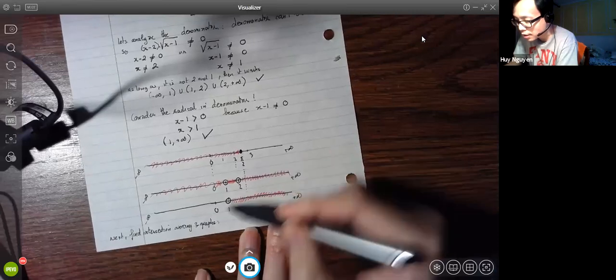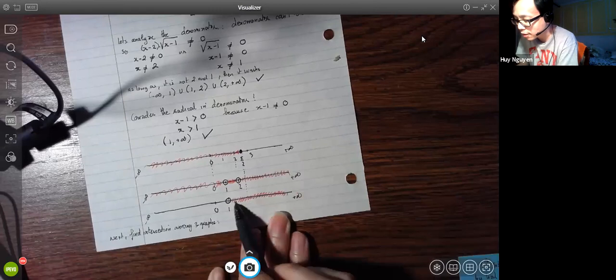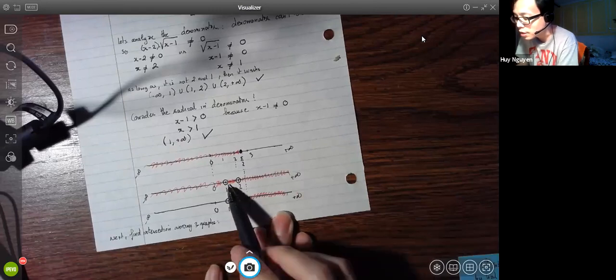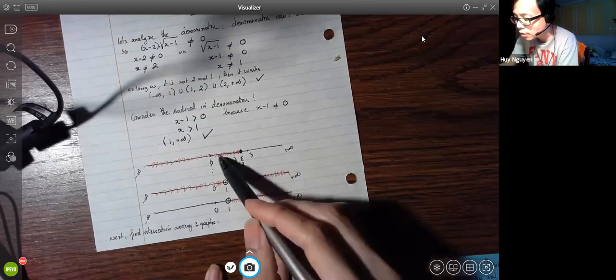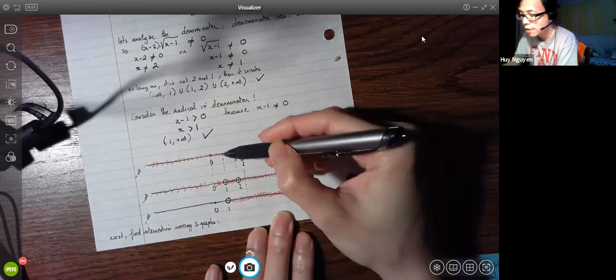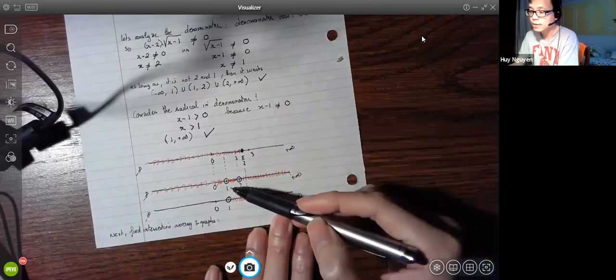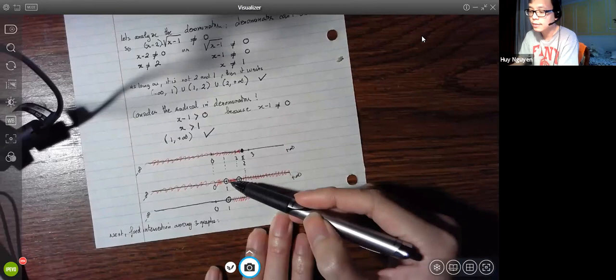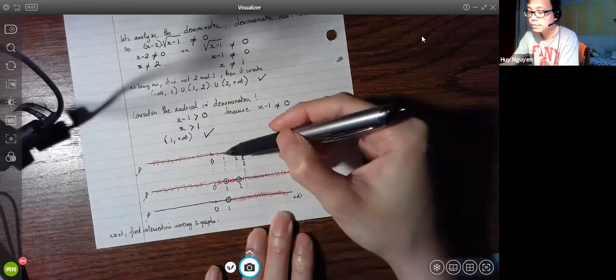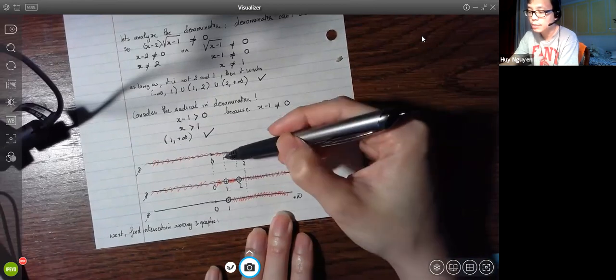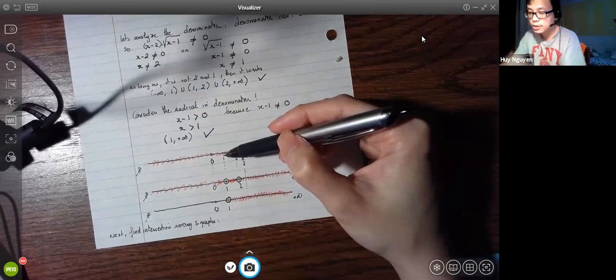See, the bottom graph right here, we set it from here to here. This one we set it from here to here. This one, on the first one, we set it from here to here. However, the second graph does not include 1. Okay, the first graph includes 1. So it means that 1 does not share in common.